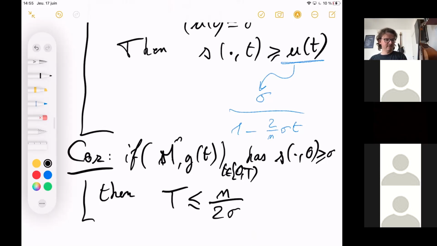If you have positive curvature, and you need to break scale invariance at some point, but if your time of existence is as big as it can be, then you're very close to being the sphere.